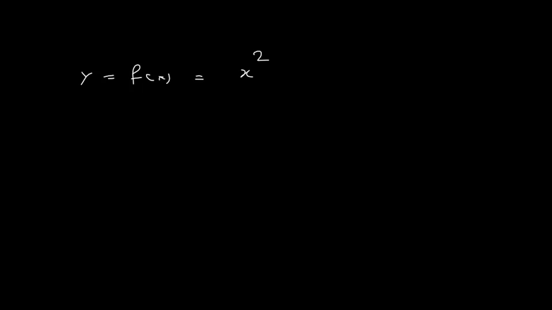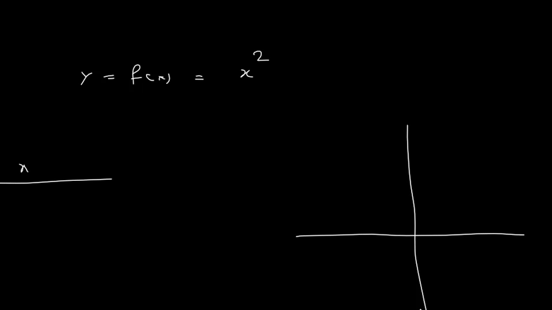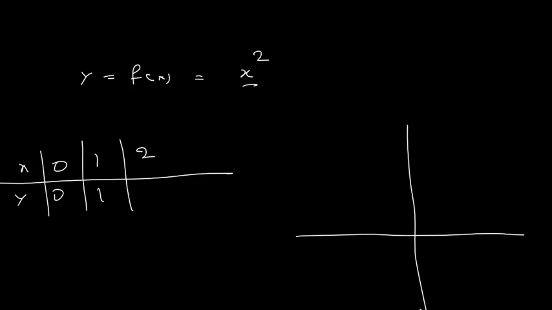Now how can you plot the graph? To plot the graph, I need a few points. Now take the value of x and value of y. So when you take x as 0, what will be the value of y? This is also 0. When x is 1, the value of y is also 1. When x is 2, the value of y is 4, because it is 2 power 2.